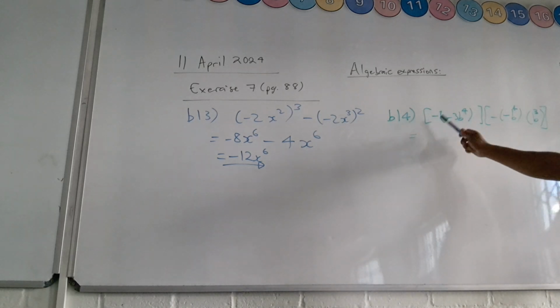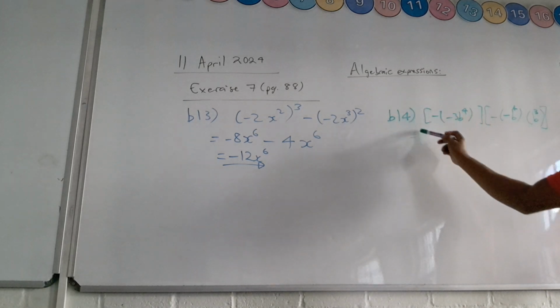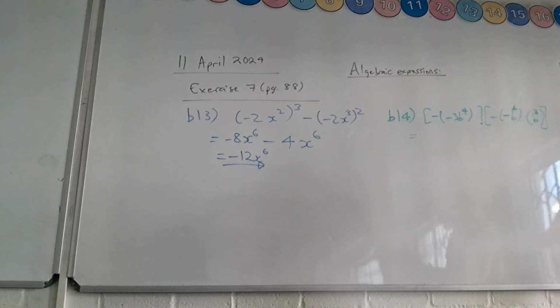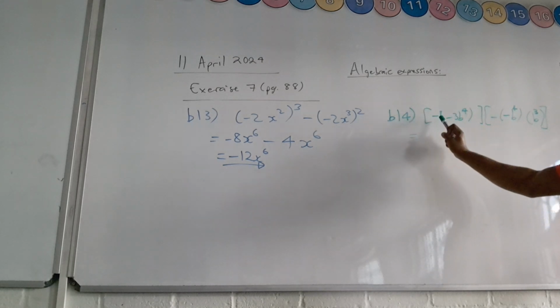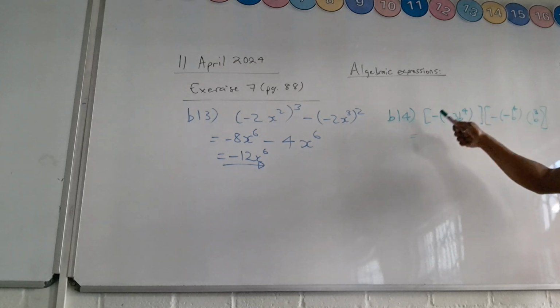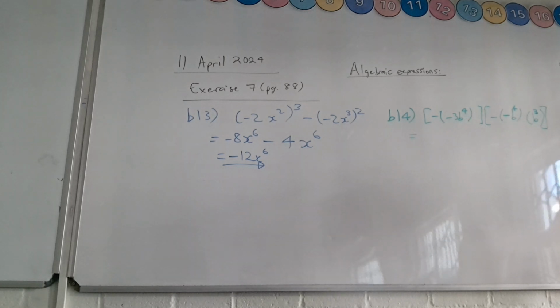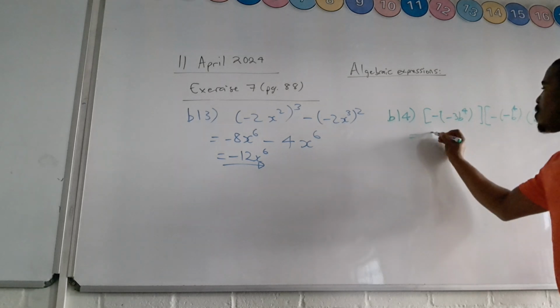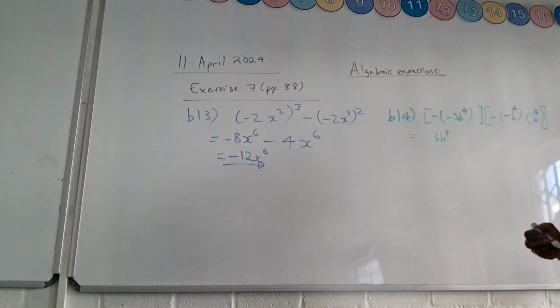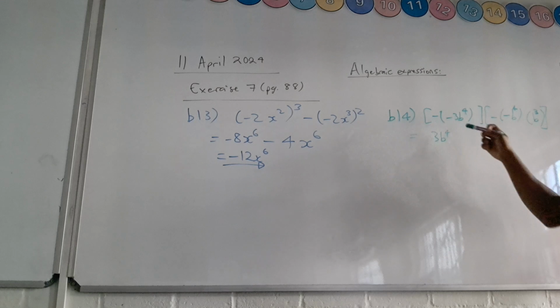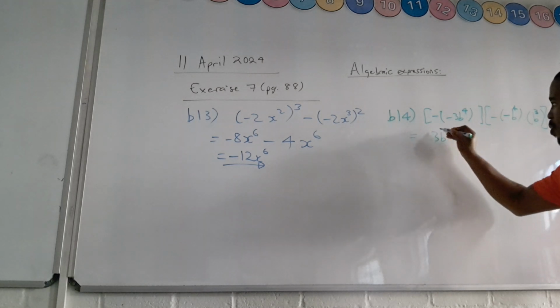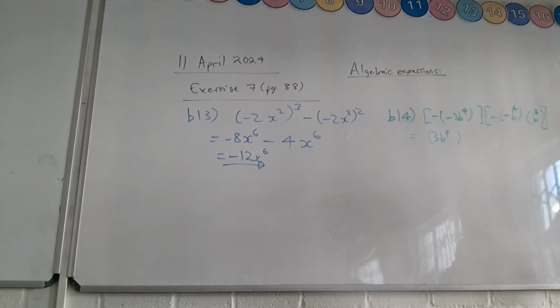Okay, let's simplify this one. Simplify each bracket, the brackets first. Negative times negative 3b to the power of 4 just becomes positive 3b to the power of 4, because a negative times a negative is positive. Then this side: you have a product.